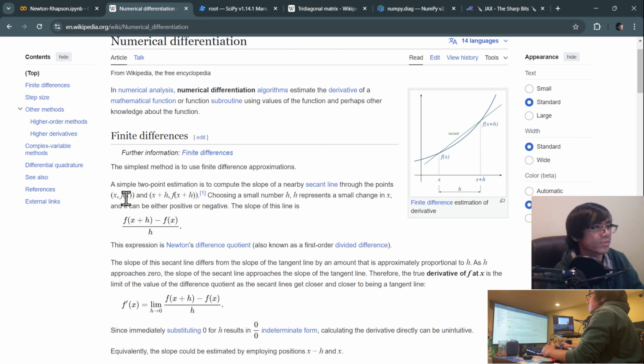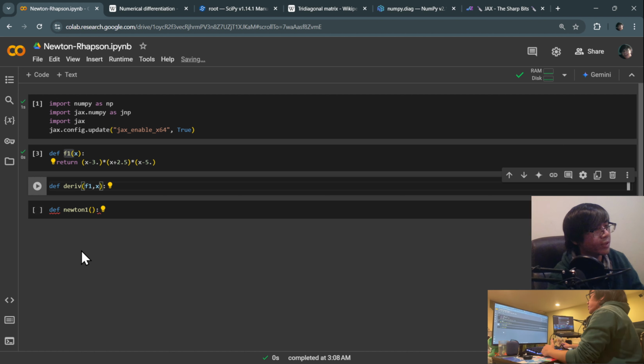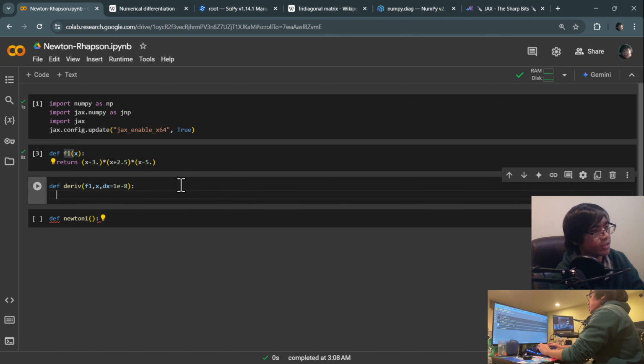We can set that to something very small, like 1e to the negative eighth, I think is what we use in class. So dx is a parameter, and I said 1e to the negative eighth. Something very small, so we can go over those small distances and see how much our function changes with the slope at that value.